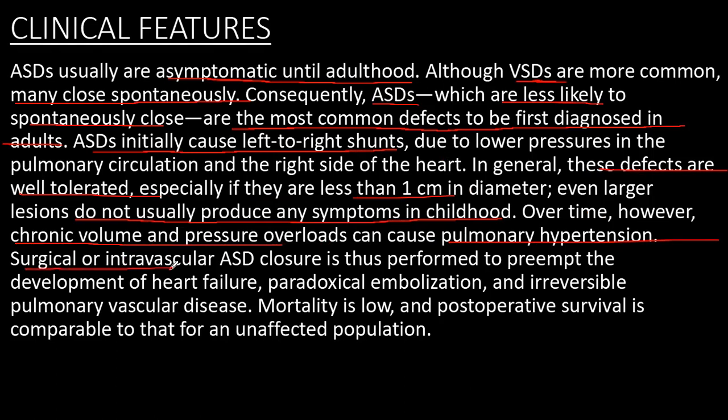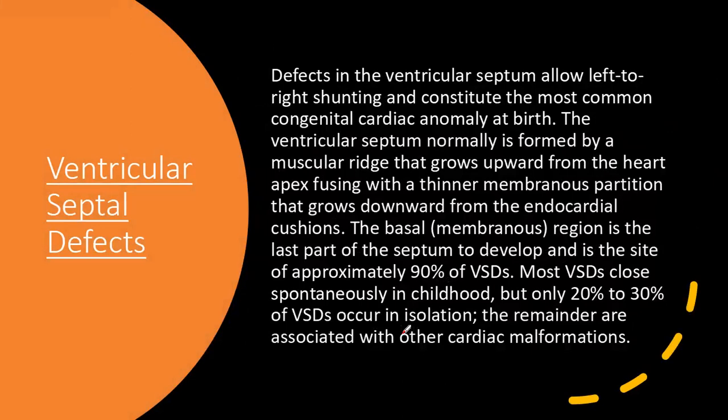Surgical or intravascular ASD closure is thus performed to preempt the development of right-sided heart failure, paradoxical embolization, and irreversible pulmonary vascular disease. Mortality is low, and post-operative survival is comparable to that of an unaffected population. So once detected early and treated, the patient generally becomes fine.